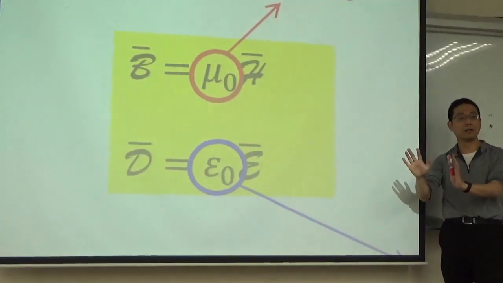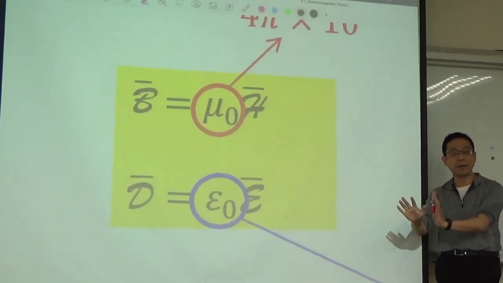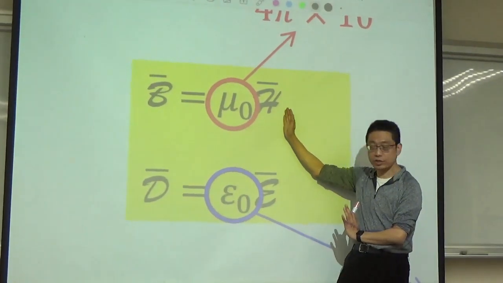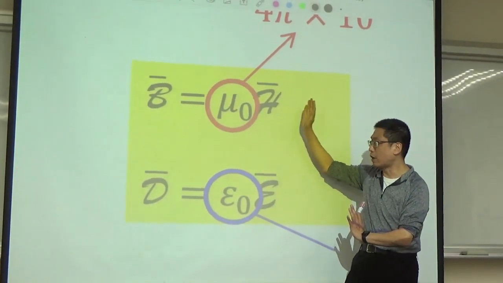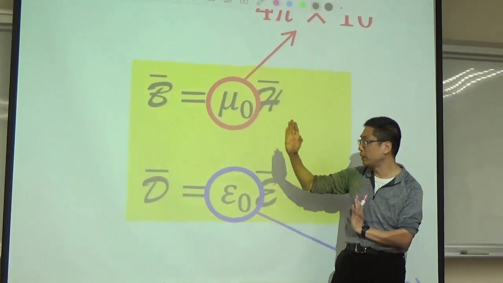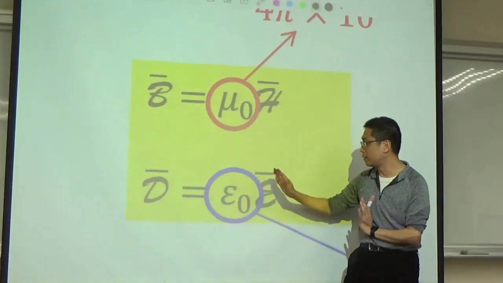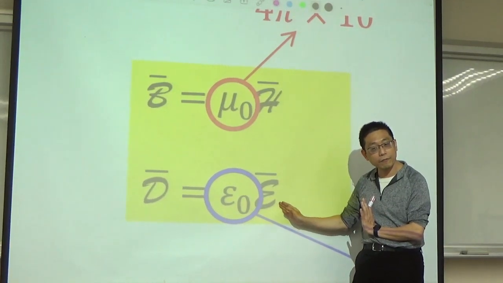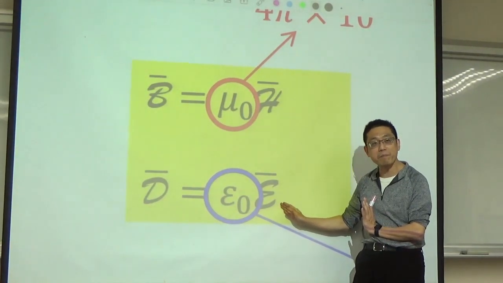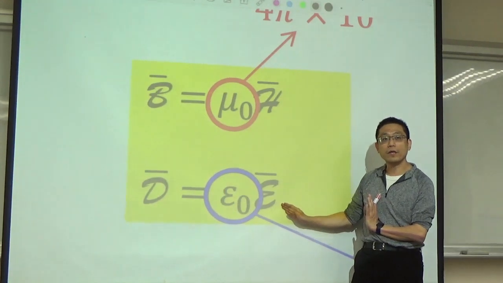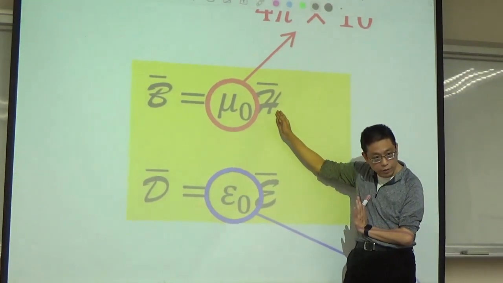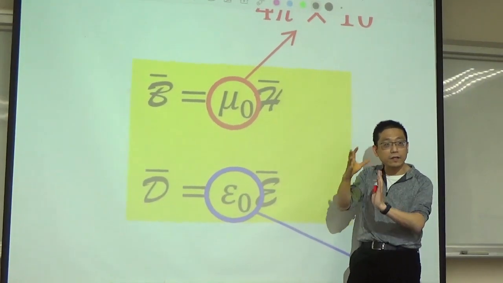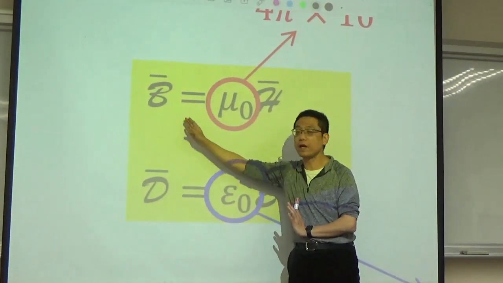Those are the relationship between B and H, and also the relationship between D and E. If you have a different material, even with the same H field and the same E field, you have different B and D.